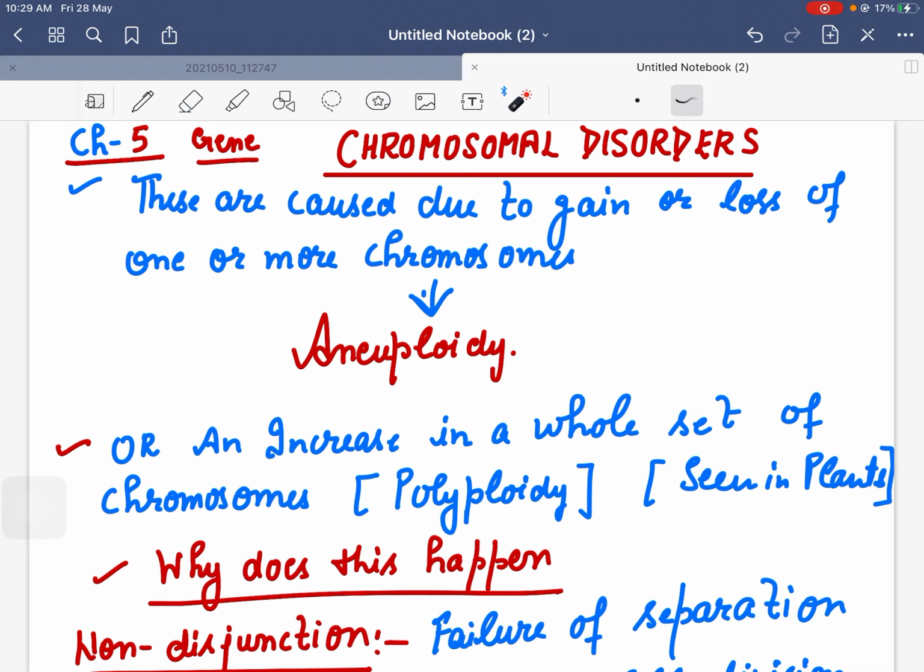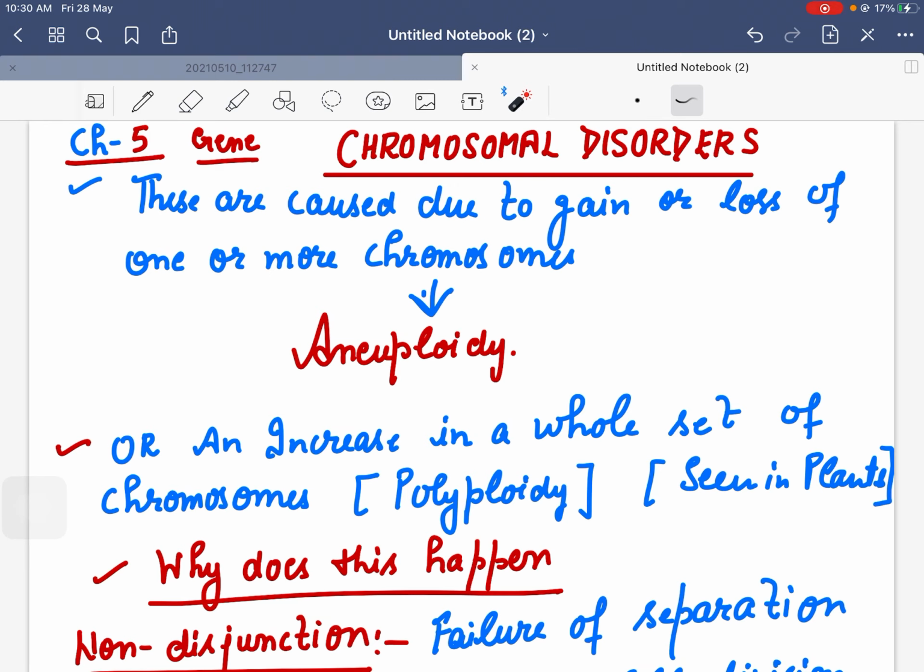And those disorders happen due to either the gain or the loss of one or more chromosomes, which we very well discussed in our mutation part, which we call aneuploidy, also +1, -1, +2, -2, right? Or sometimes a set of chromosomes can be added or removed, like the ploidy: single set, that is your haploid condition, and double set, that is diploid, more than 2 sets, that is polyploidy, which is usually seen in plants.